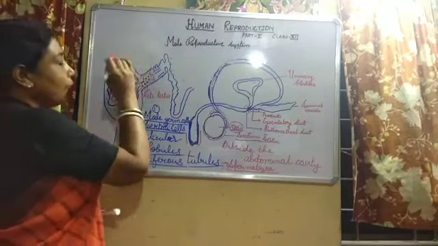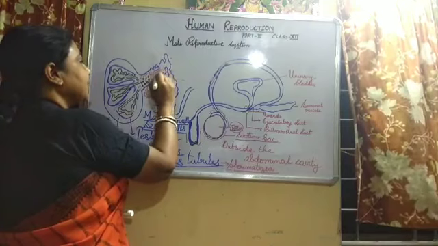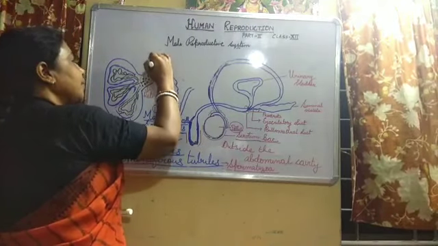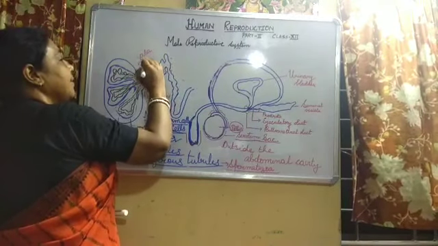From the rete testis, it gets into duct-like structures known as vasa efferentia.